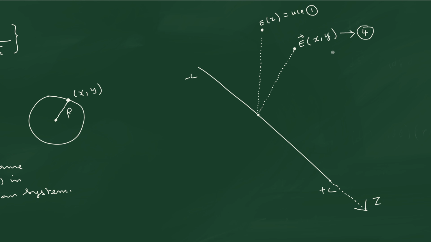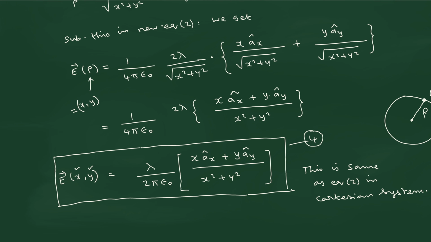Then x and y will be any point in the surrounding space. Whether it is this point or that point or a point here, everything is x comma y. You can say this will be x1 y1, this will be x2 y2, that will be x3 y3, etc. But any point surrounding the wire would be some kind of x comma y. And the electric field at any surrounding point can be calculated using equation number 4.